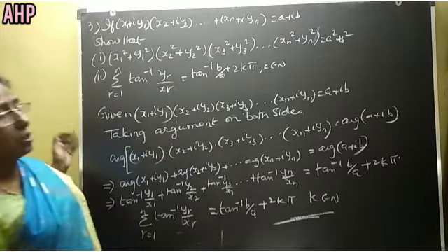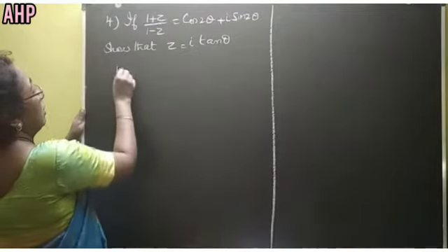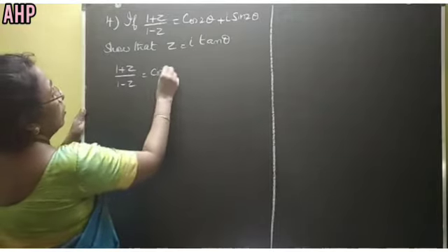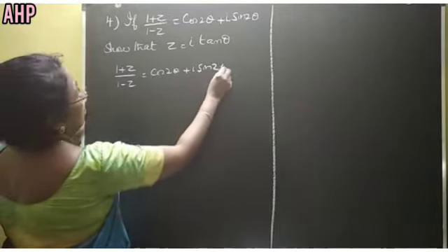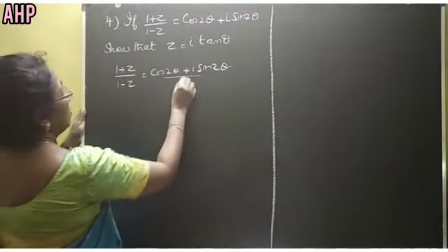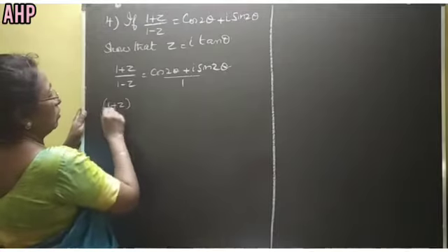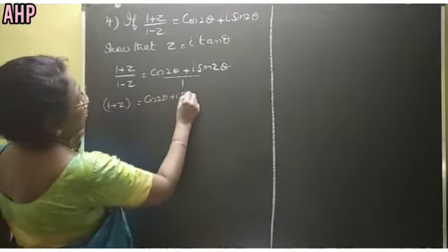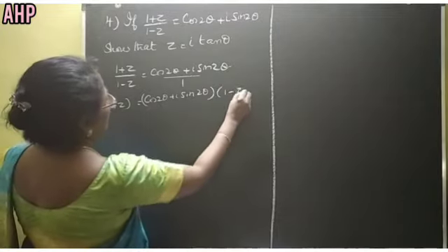Now given (1 + z)/(1 - z) = cos 2θ + i sin 2θ. Cross multiplying this by 1 - z, we get 1 + z = (cos 2θ + i sin 2θ)(1 - z).